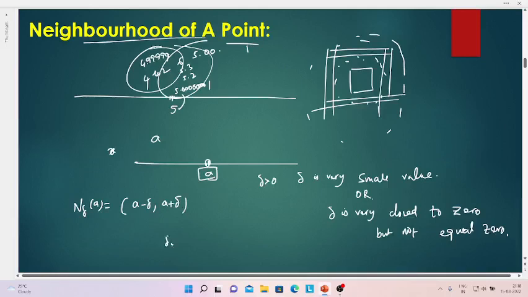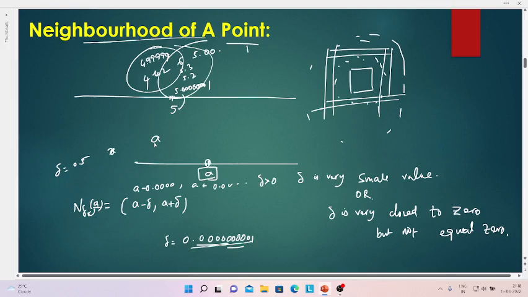Suppose you have a value of delta which is equal to, suppose, 0.00000001. Then the delta neighborhood of the point a is nothing but a minus 0.00000001 comma a plus 0.00000001. Similarly, if we choose delta as 0.5, then the delta neighborhood of a will be a minus 0.5 comma a plus 0.5.